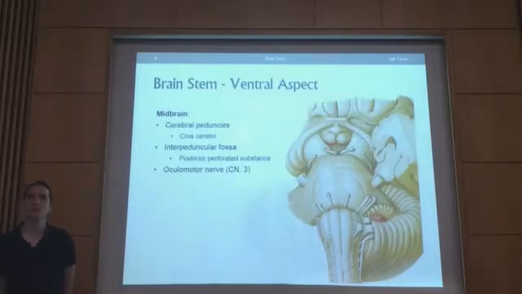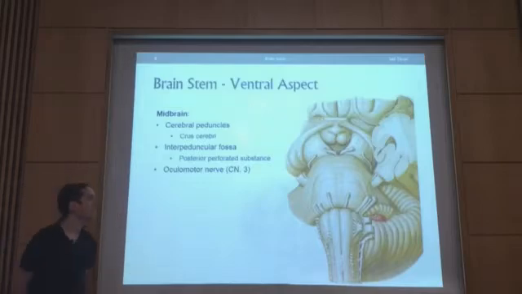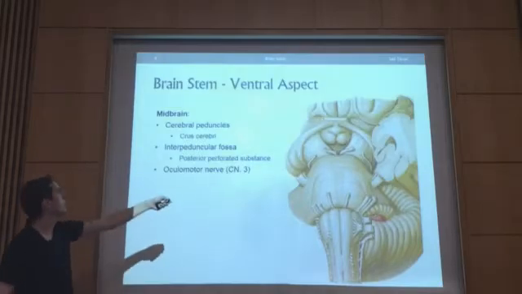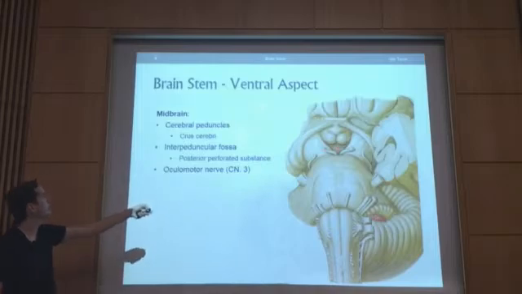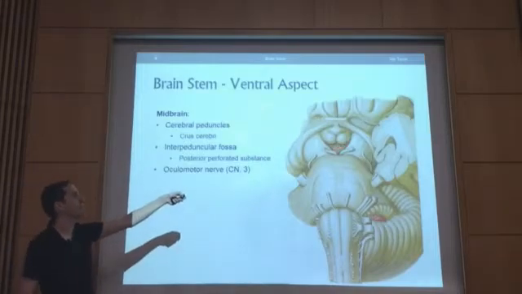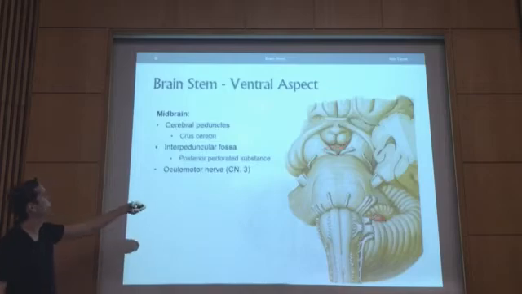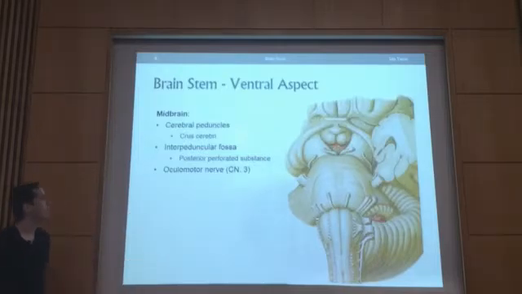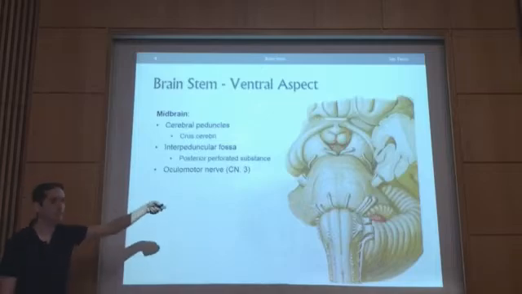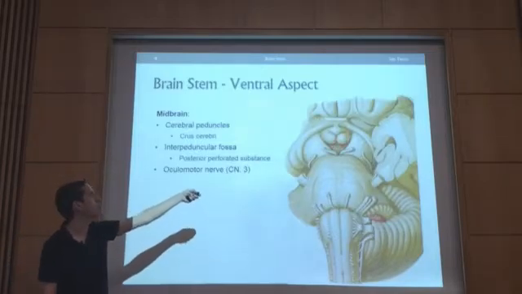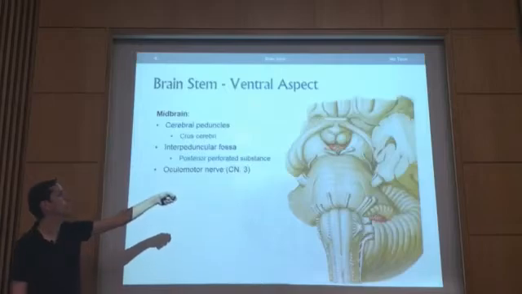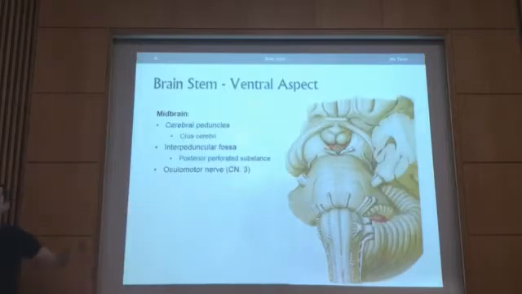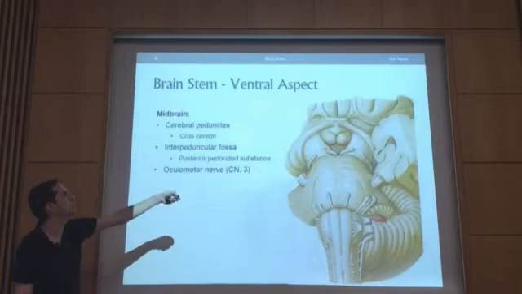Any other questions? So the next thing I want to show you is that between these two cerebral peduncles there's a gap. This gap is called the interpeduncular fossa, not surprisingly. The fossa is the hole between the two peduncles. You can see it in here. We'll see it in a real photo later, but even in this drawing you can see that the substance inside the fossa is perforated.